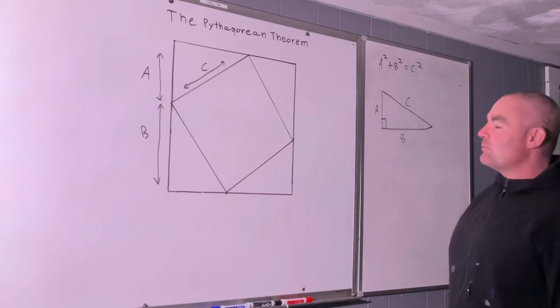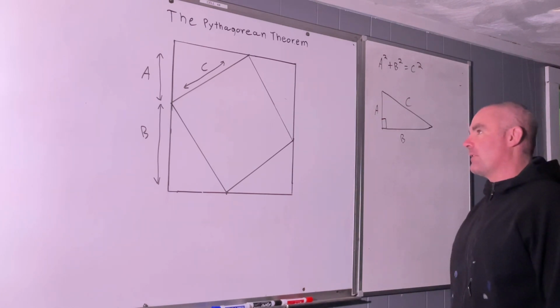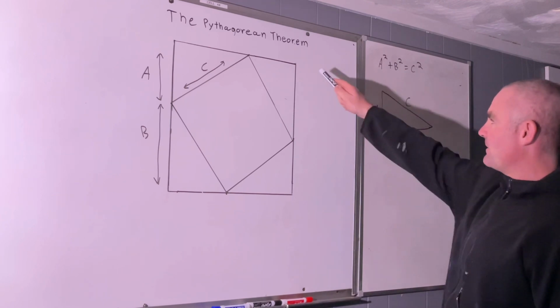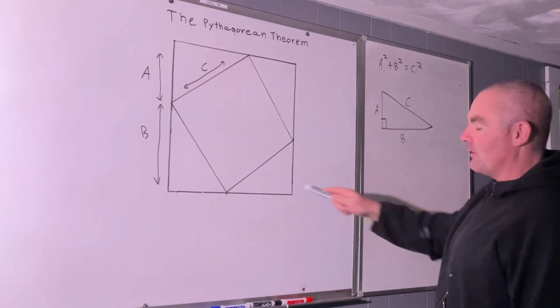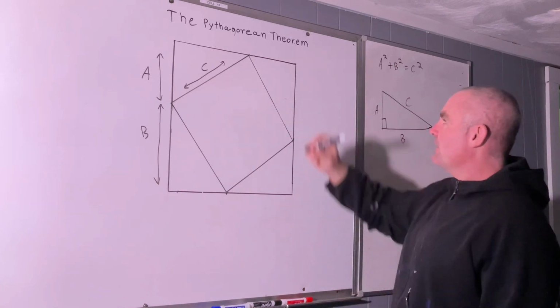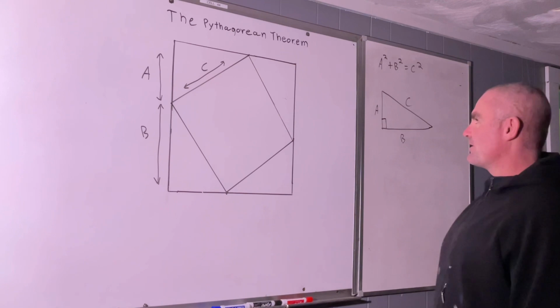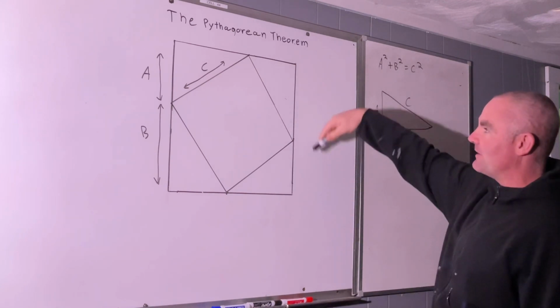So this is what I call the little square in big square method. How it's set up is you just make a big square and you put a little square inside of it. And you rotate the little square until the points of the little square intersect with the sides of the big square.